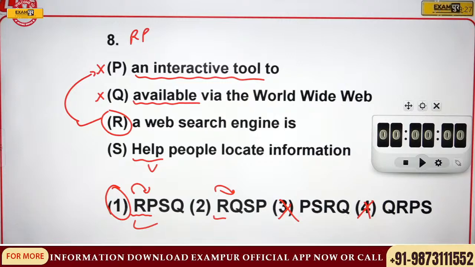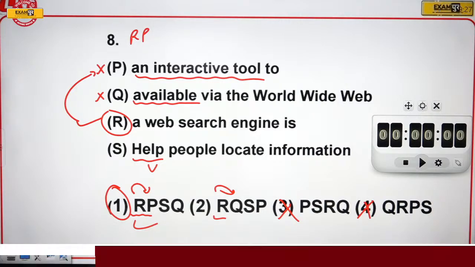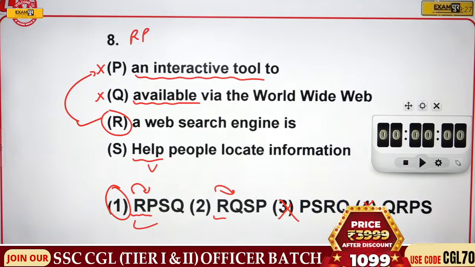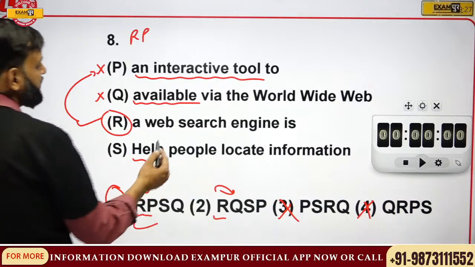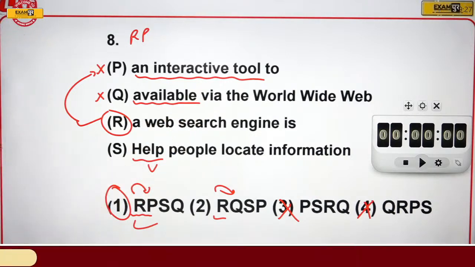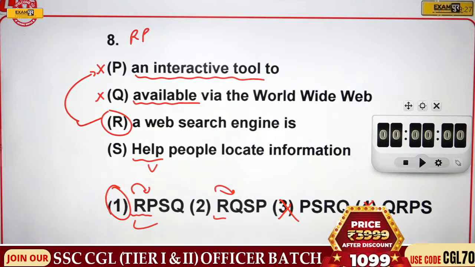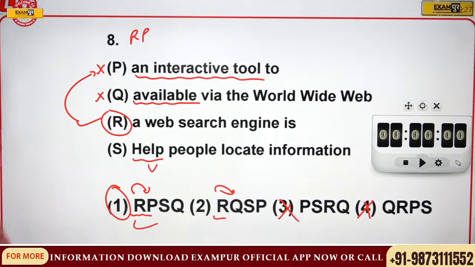A web search engine is an interactive tool to help people locate information available via the World Wide Web. See, web search engine is an interactive tool. Information is available via the World Wide Web. So here option number 1 is the right answer.